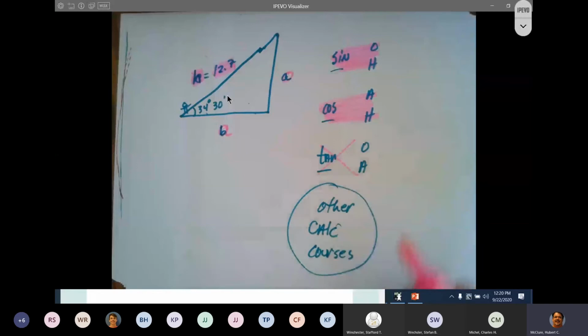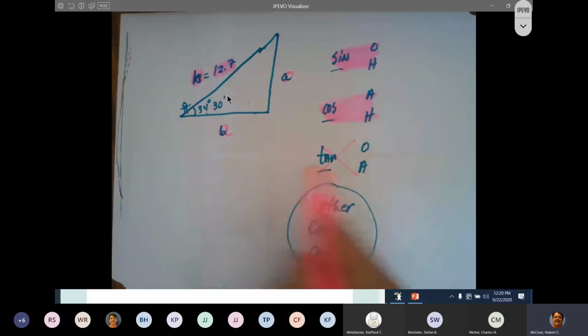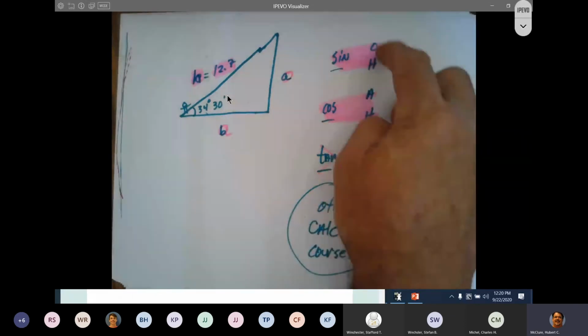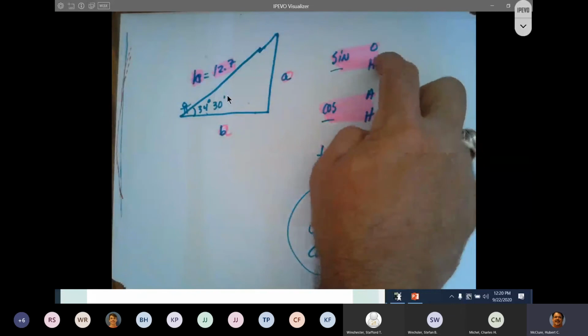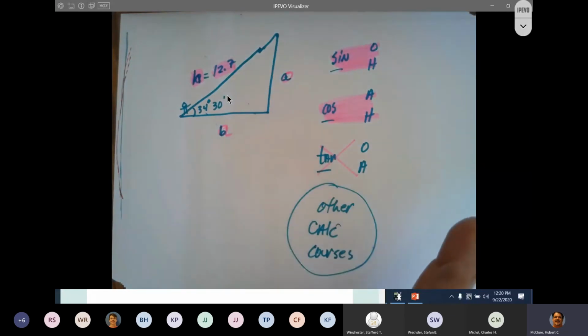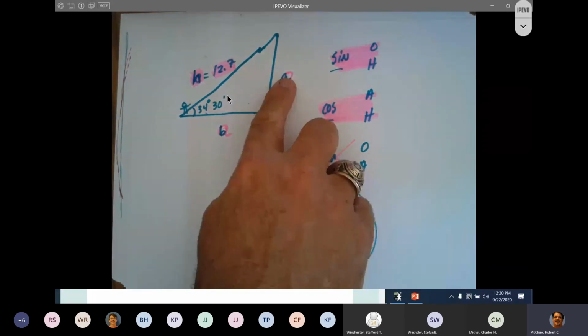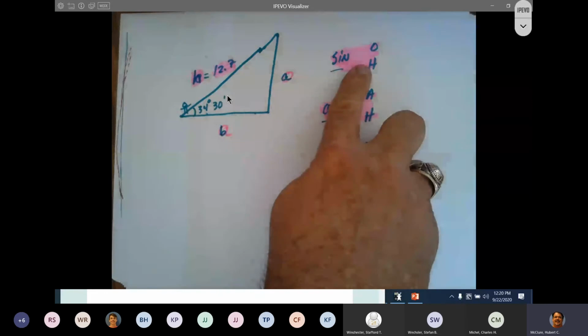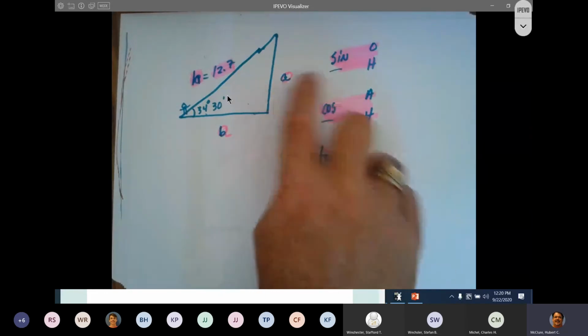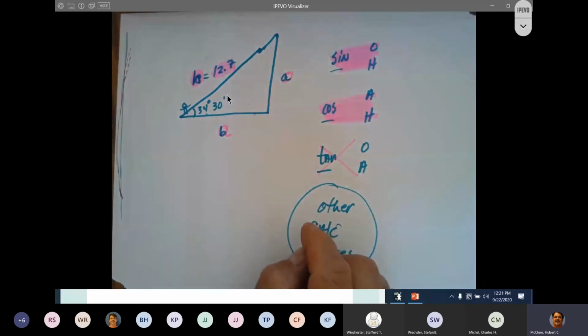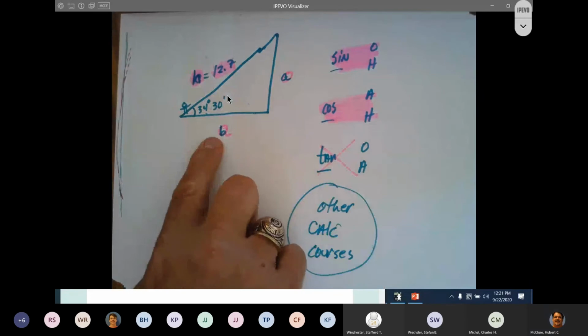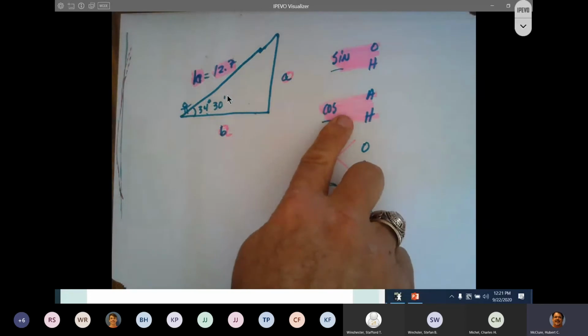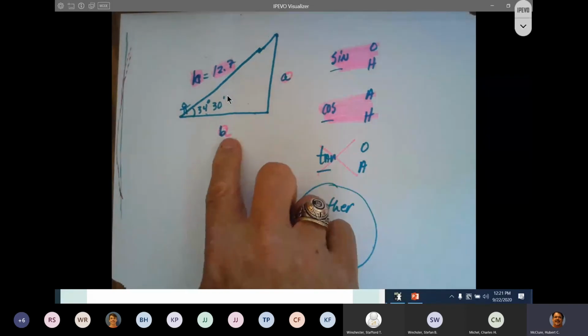So the tangent is not going to help me here. Now I'm going to rewrite it. You can pick whichever one you want. If the directions say find A, then you would use the sine because it's the opposite. If the directions say find the adjacent, then you would use the cosine because it involves the adjacent.